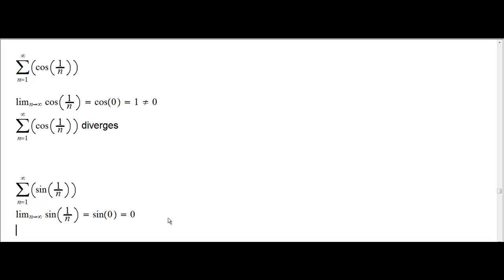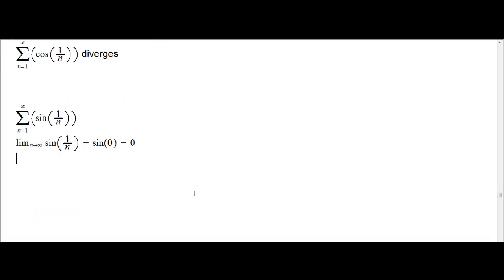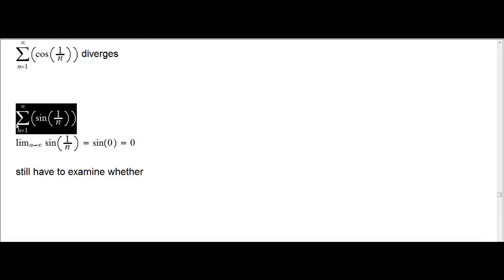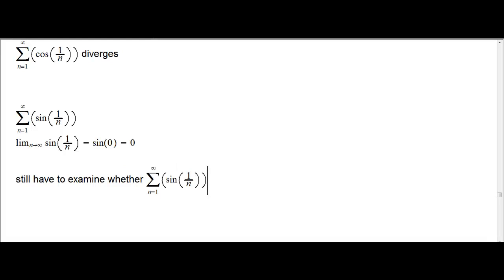Does it guarantee that it converges? No, it doesn't. It may not. So we still have to examine whether this converges or does not. Am I clear? Okay, so now we will take this question up later.